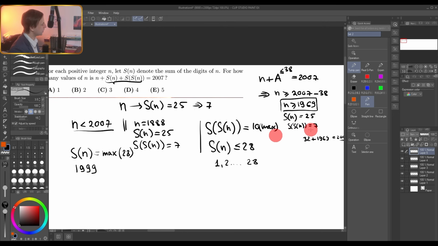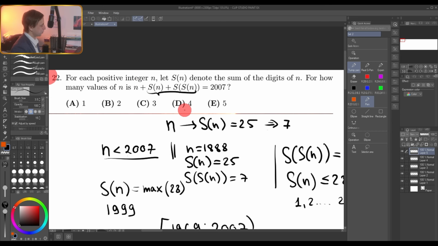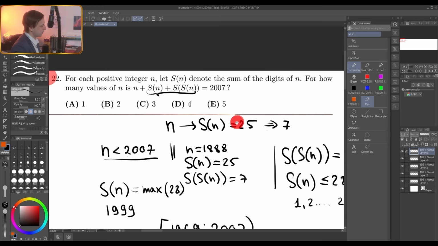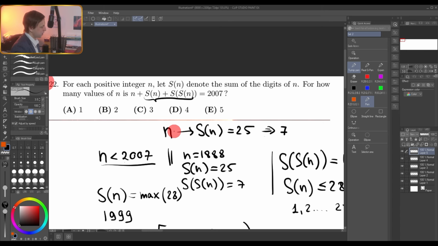If we do it manually, it can be a little bit tedious. Can we somehow restrict all these numbers? Now we are looking for n in the range from 1969 to 2007, where 2007, of course, is not included. If you look at the rule that I told you at the beginning about divisibility by 3 or by 9, what can be the remainder of n when it's divided by 9?